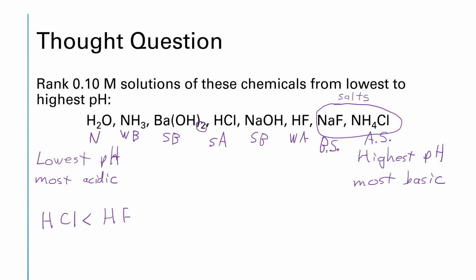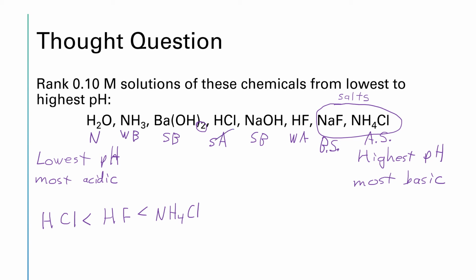So instead of getting a full 0.1 molar H plus, we'll get like 0.01 or 0.001 molar H plus ions. Then next we'll have our acidic salt, which will be the ammonium chloride. Once that ammonium ion sets up that equilibrium, it will generate a little bit of hydrogen ion. And I believe that took care of everything that's acidic.